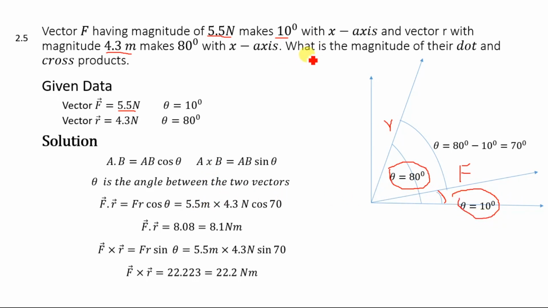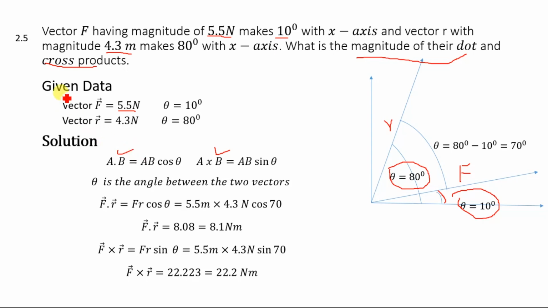Now what we are going to do is calculate the magnitude of their dot product and cross product. The dot product is also known as a scalar product, and the cross product is also known as vector product, because the cross product gives us a vector quantity and the dot product gives us a scalar quantity.